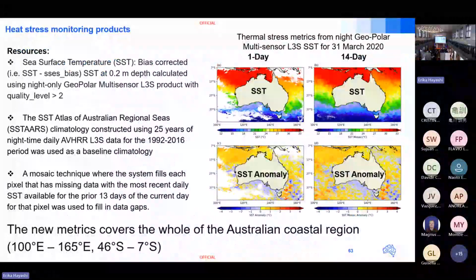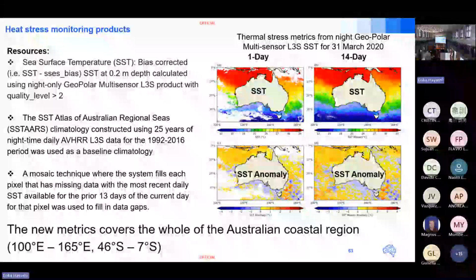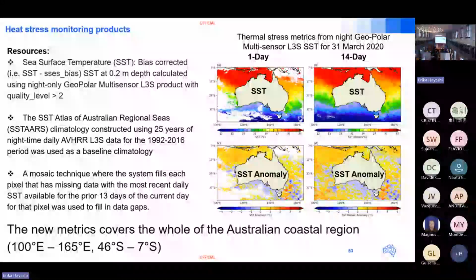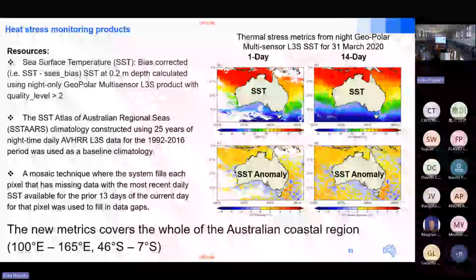So first thing is the data coverage. With the infrared channels that we are using, where there is cloud, we do have gaps. And for making any sensible tools, we need gap-free data. All these products are 2-kilometer resolution.